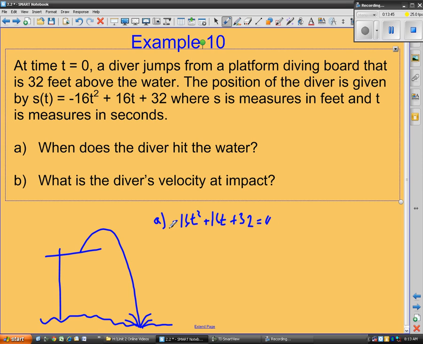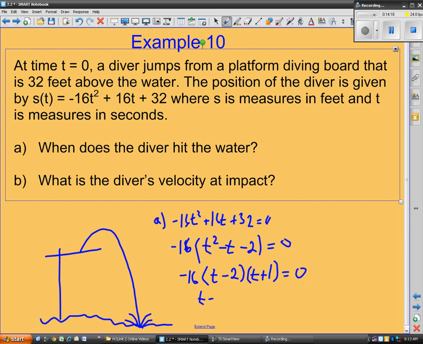So we have to simplify this. I'm going to factor out a negative 16, make my life a little bit easier, and so I get t squared minus t minus 2 equals 0. And so by just doing a little bit more algebra here, I can factor and get t minus 2 and t plus 1 equals 0, which means that the time it takes the diver to hit the water is either t minus 2 equals 0 or t plus 1 equals 0.